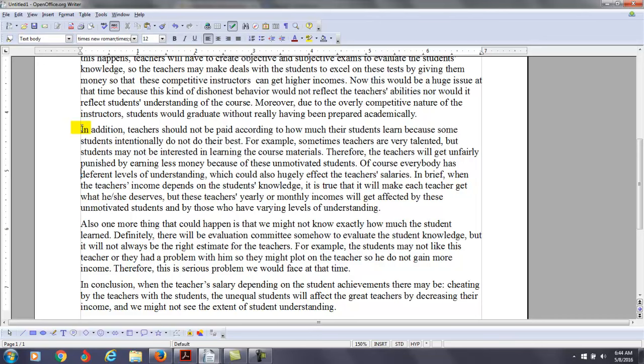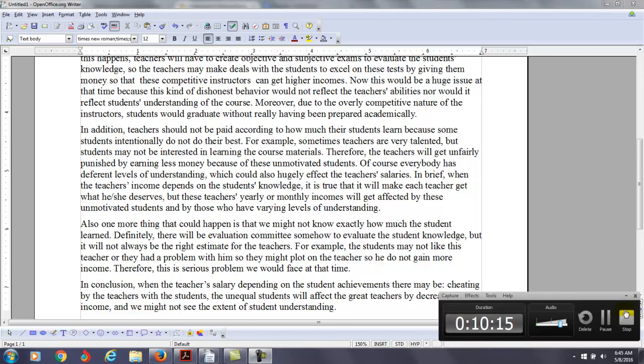In brief, when the teacher's income depends on the student's knowledge, it is true that it will make each teacher get what he or she deserves, but these teachers' yearly or monthly incomes will get affected by these unmotivated students and by those who have varying levels of understanding. All right, so I think we have that paragraph straightened out.